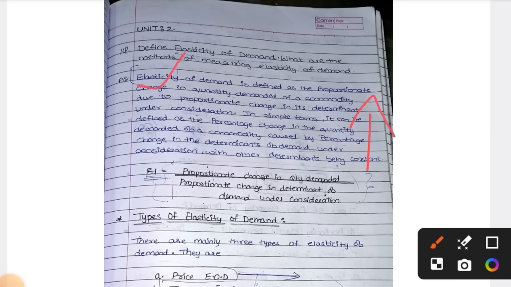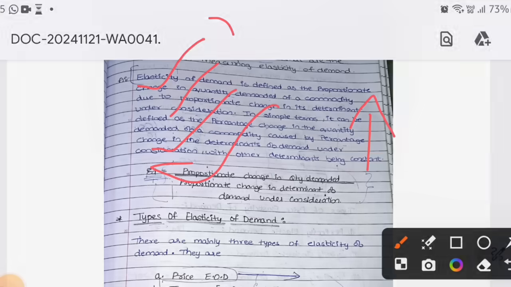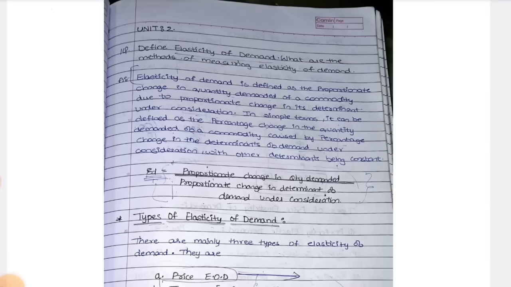For example, customers prefer that product, quality matters, and as per technology, the consumer prefers that product more. These are all called determinants. So when a product's price is increasing or decreasing, and the quantity demanded is increasing or decreasing, it is automatically because of the change in determinants.